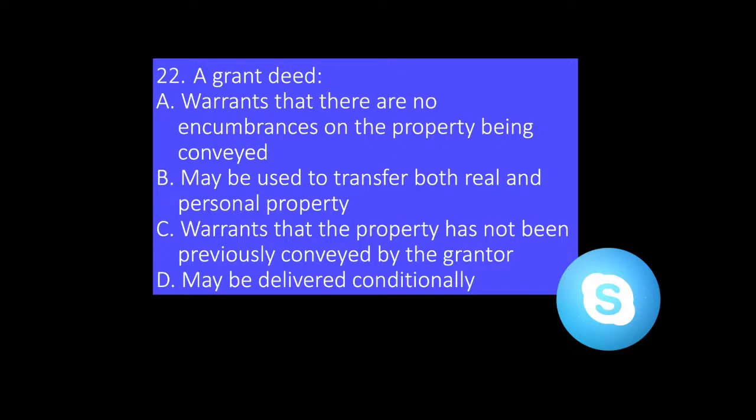Warrants that the property has not been previously conveyed by the grantor. May be delivered conditionally. So I limit D. Okay, so B is eliminated. You're left with A, C, and D, right?